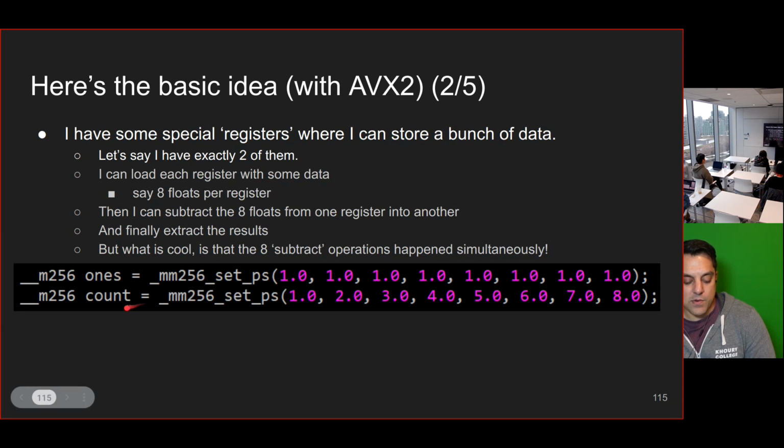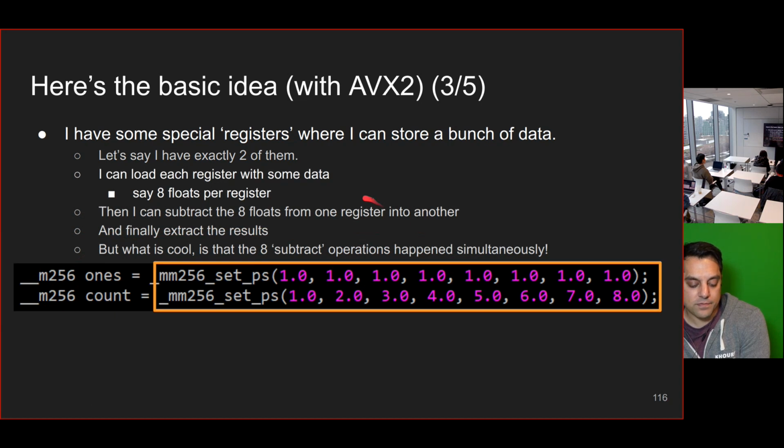Then I'm going to do the same thing with count with 1, 2, 3, 4, 5, 6, 7, 8. Again, 8 floats. They're 4 bytes each, so 32 bits. 8 times 32 is 256. So this is the data that I'm able to pack into 256 bits of information.